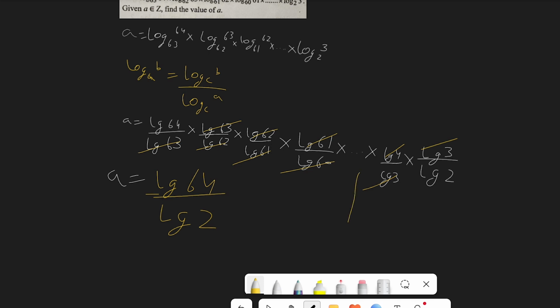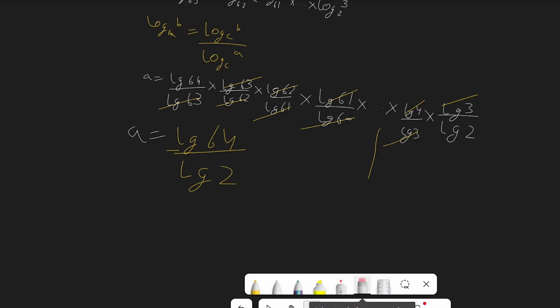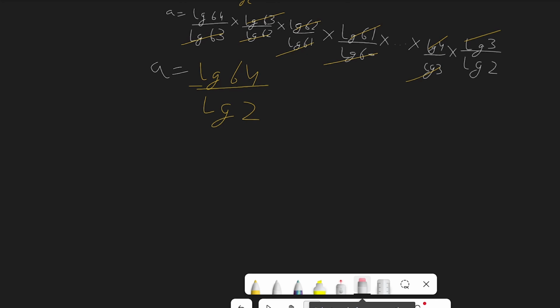Now we are left with LG64 over LG2. If we evaluate this, LG64 can be written as LG 2 power 6, because 64 is 2 power 6, so LG 2 power 6 over LG2.